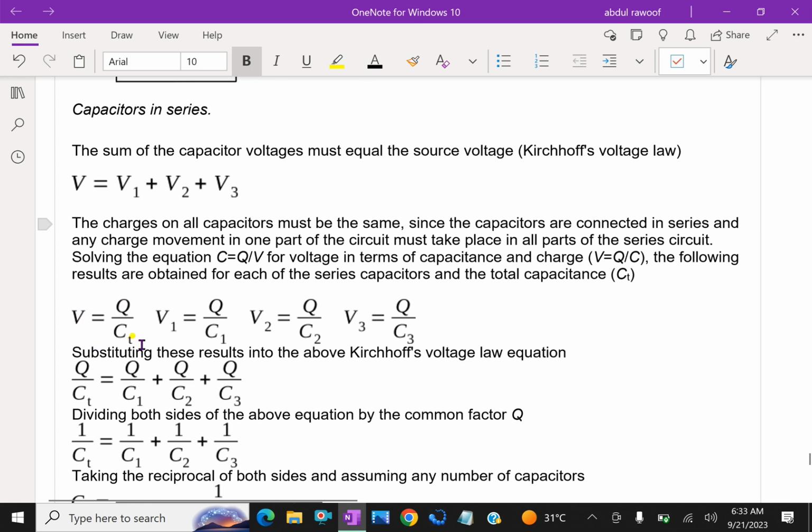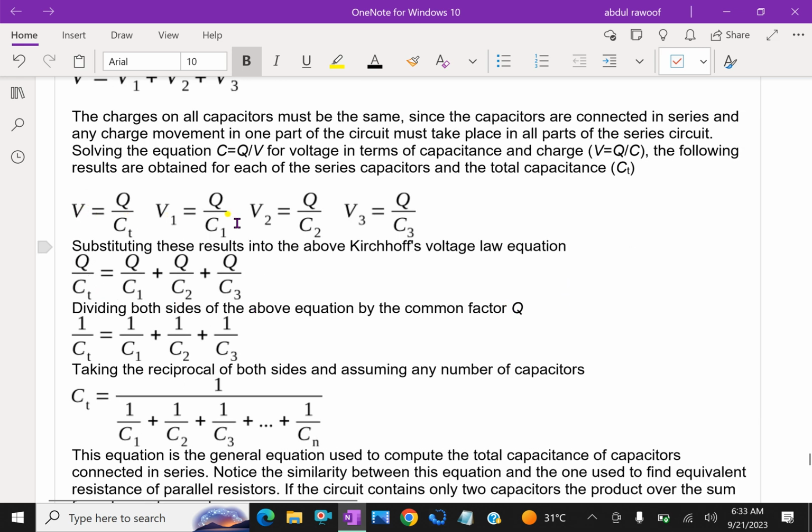Now, the voltage is distributed. Therefore V1 equals Q over C1, Q is common, V2 equals Q over C2, and V3 equals Q over C3. Adding the voltages, Q over CT, the main voltage, equals Q over C1 plus Q over C2 plus Q over C3.